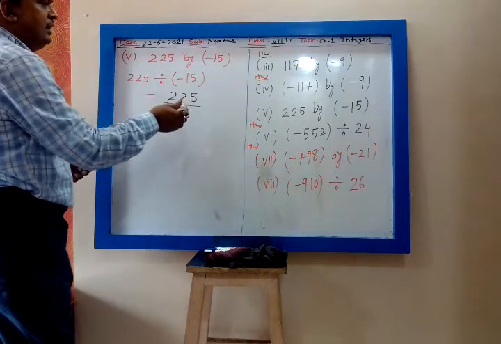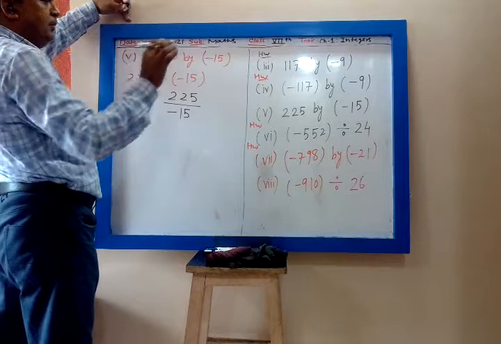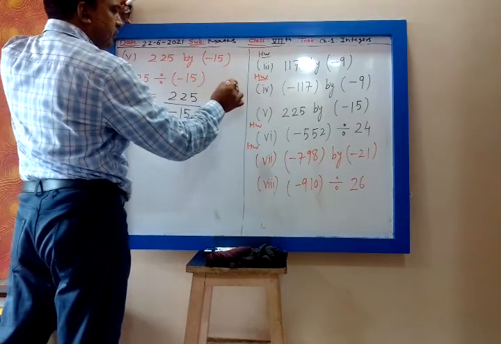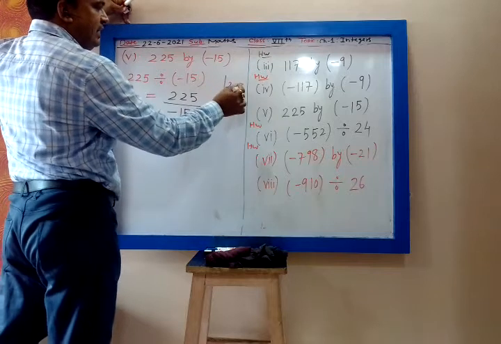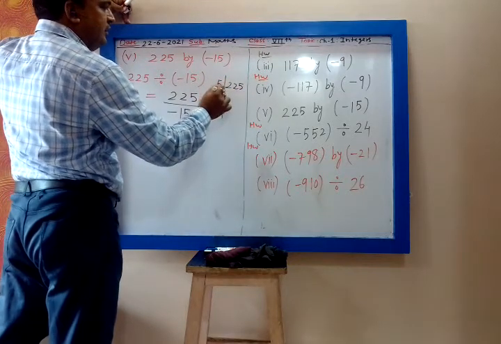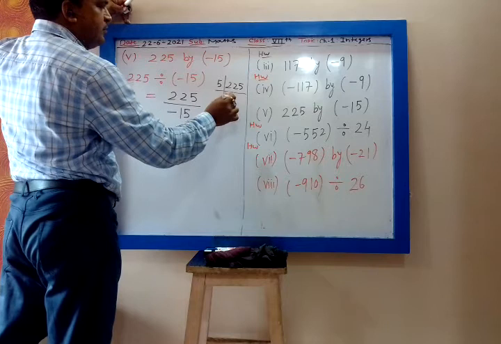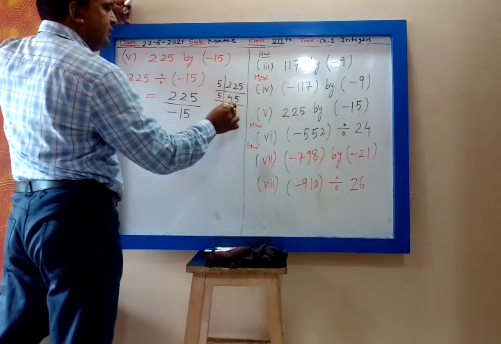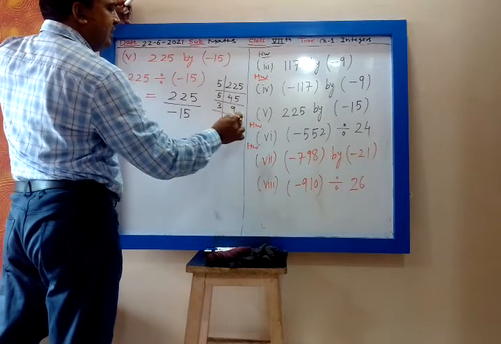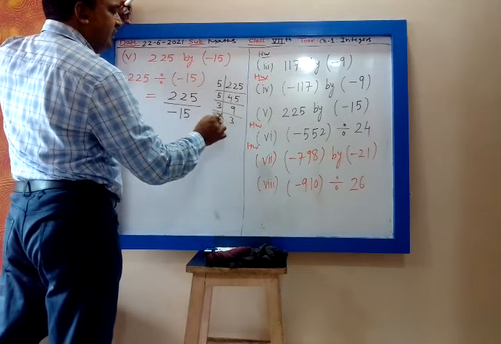Now 225. If you know the prime factorization, which you studied in 6th standard. Start with 5. 5 4s are 20, 5 5s are 25. So again start with 5. 5 9s are 45. Then 3 3s are 9, 3 1s are 3.